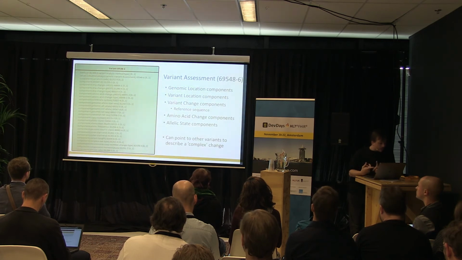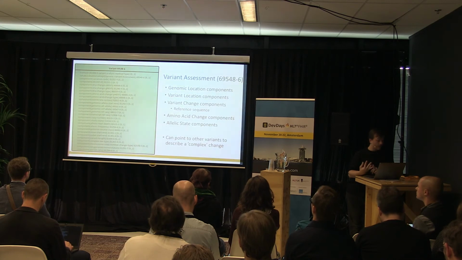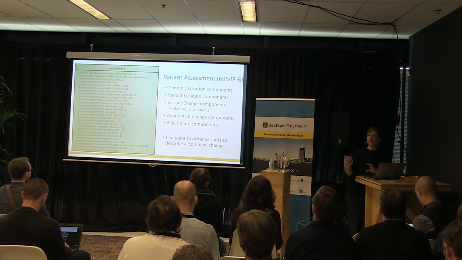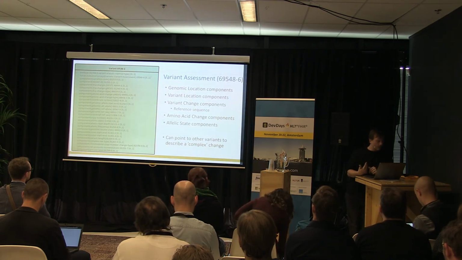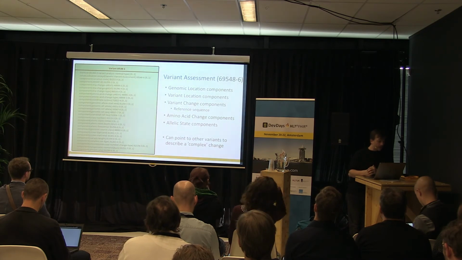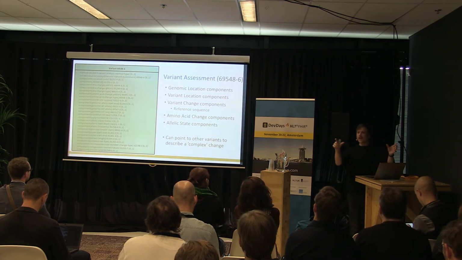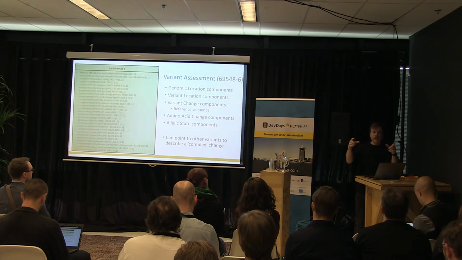The copy number, the allelic state, read depth, allelic frequency, the source class, which is like, is this a structural variant or is it a single nucleotide variant, inner start end, outer start end, so I can say I have a change in the DNA and I'm not sure where it is, but it should be in this range.